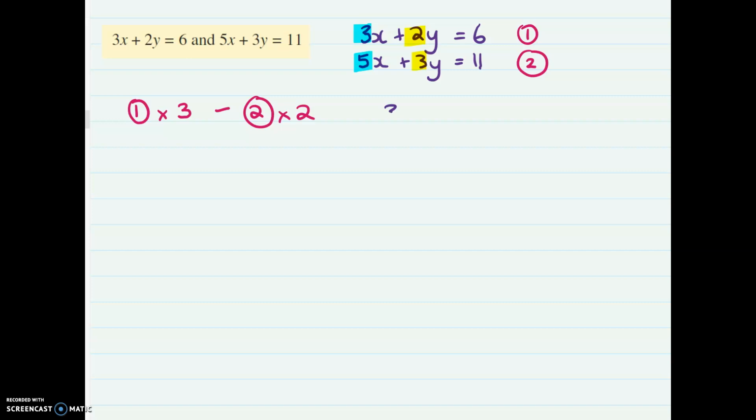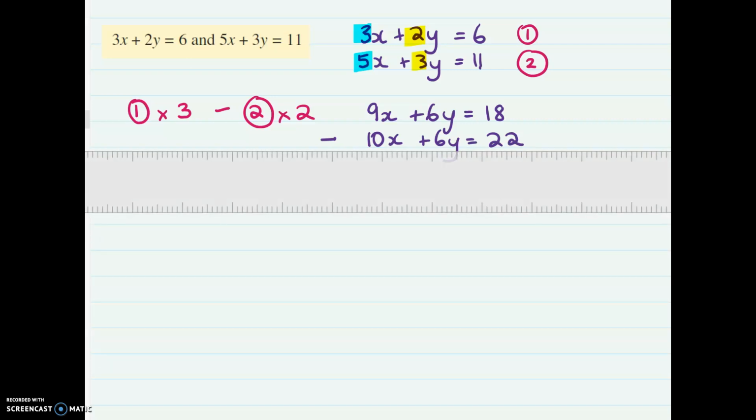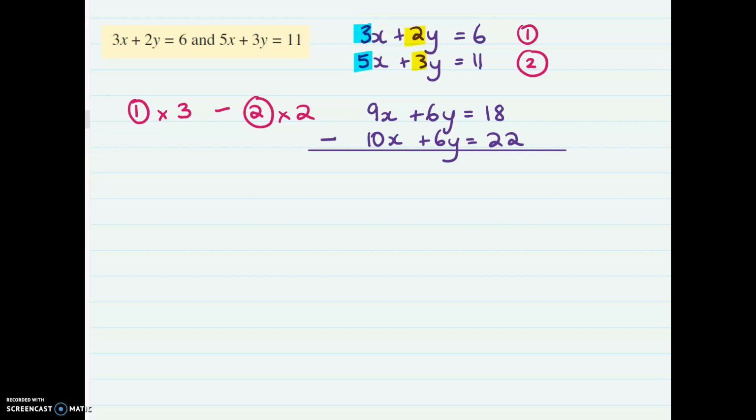Let me set that out so I haven't multiplied. Equation 1 by 3, everything gets multiplied by 3. And I'm subtracting. Now everything in equation 2 is getting doubled. I didn't worry this time about the positives and negatives. Just want to show you can do it either way. The 6y's will cancel out this time.